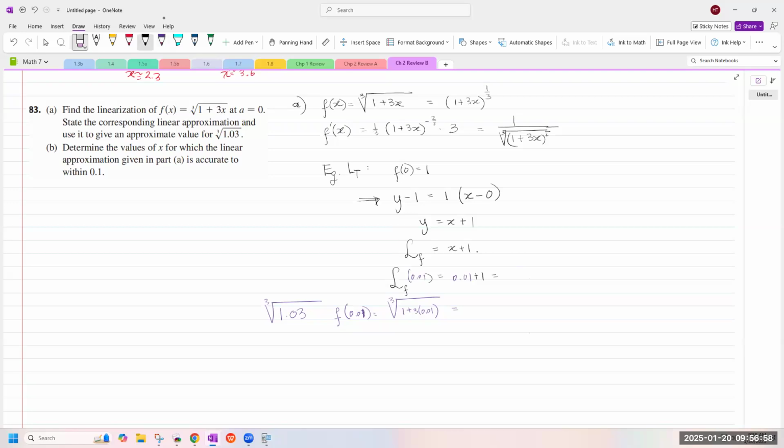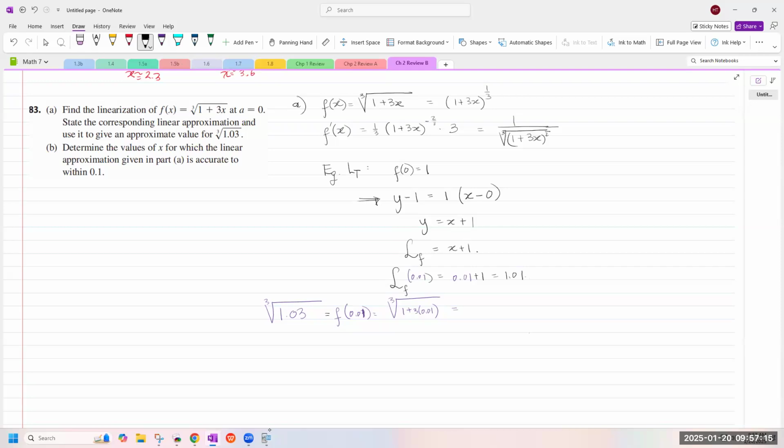I was wrong with the x input. Again, 1.03 corresponds to x equals 0.01.